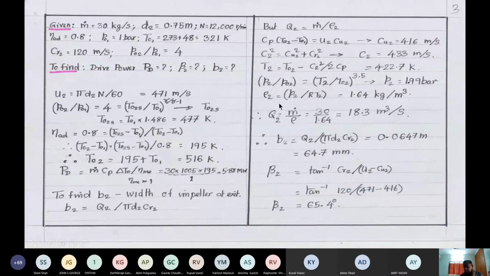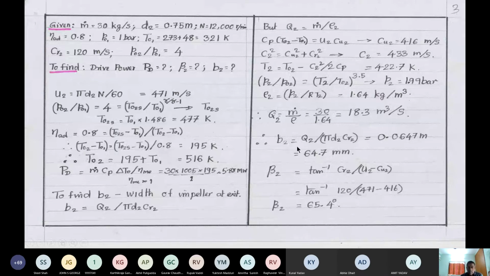So finally, we get density equal to 1.64 kg per meter cube. Having known the density and the mass flow rate, I can easily find out the discharge. Discharge Q2 equal to m dot by rho is equal to 30 divided by 1.64, which is equal to 18.3 meter cube per second.